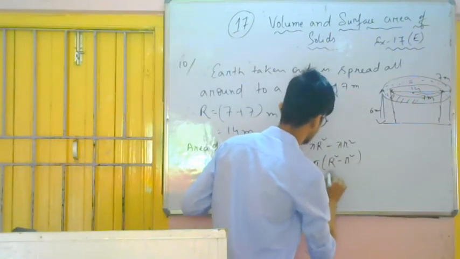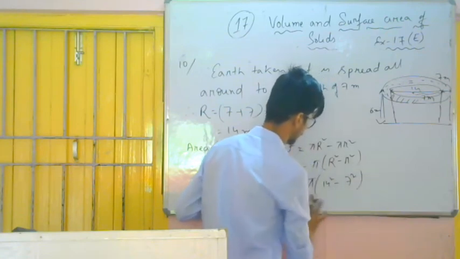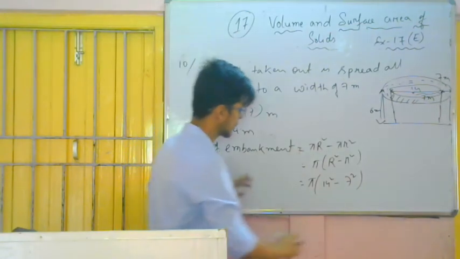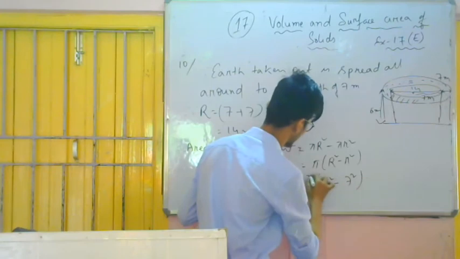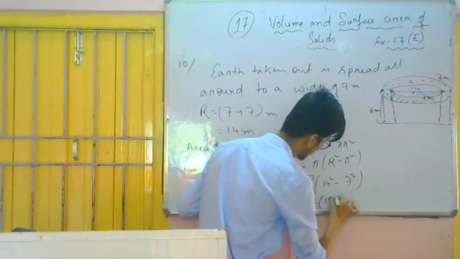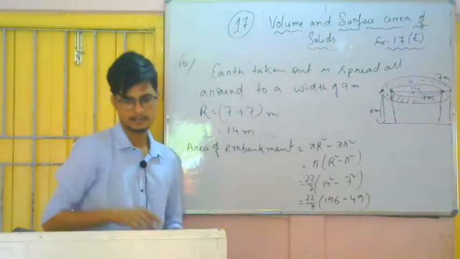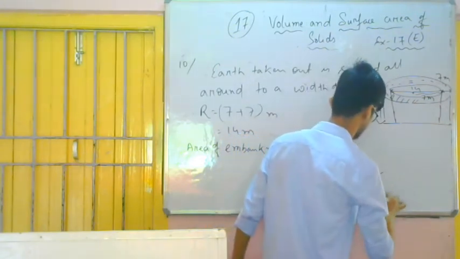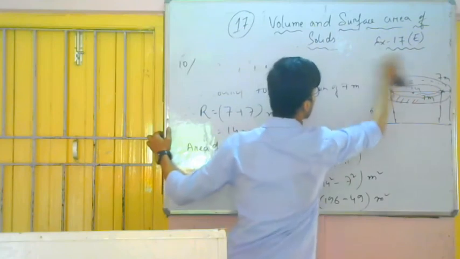Pi into R square minus r square, it is 14 square minus 7 square. 14 square is 196. Pi is 22 by 7. 196 minus 49, 7 square is 49. Unit will be meter square. Yes, since we are finding the area, unit will be meter square.